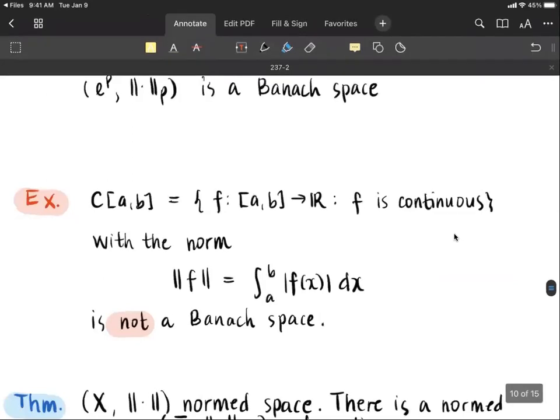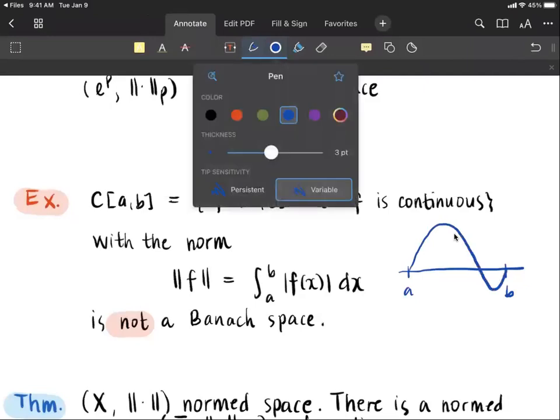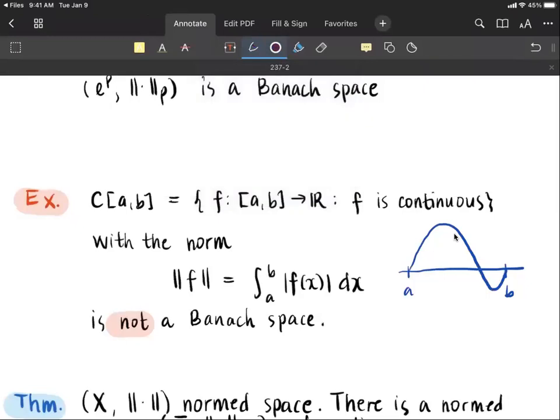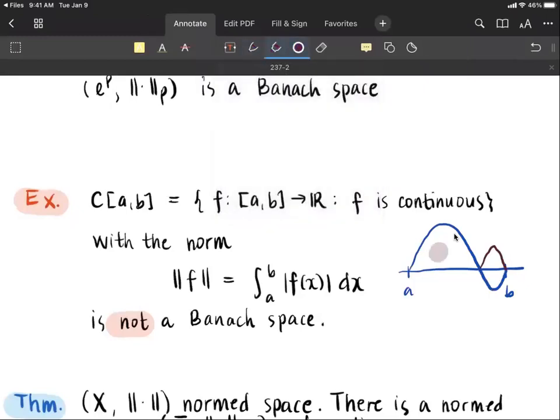So again, take a function f on a closed interval [a,b]. You reflect the negative part with respect to the x-axis, and then you take the corresponding area under the curve. So that would be approximately this part here.